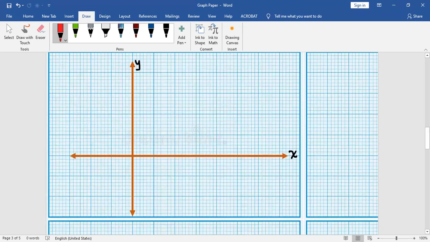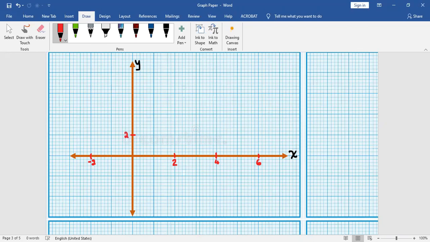Now let's say that this is 2, this is 4, and this is 6. And let's say this is negative 2, and this is 2.